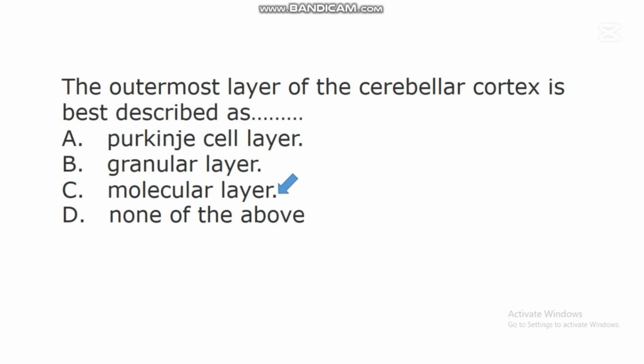Molecular layer is the outermost layer of the cerebellar cortex. This molecular layer is one of the 3 layers of the cerebellar cortex, but this layer forms the outer part of the cerebellar cortex. That is why it is regarded as the outermost layer.